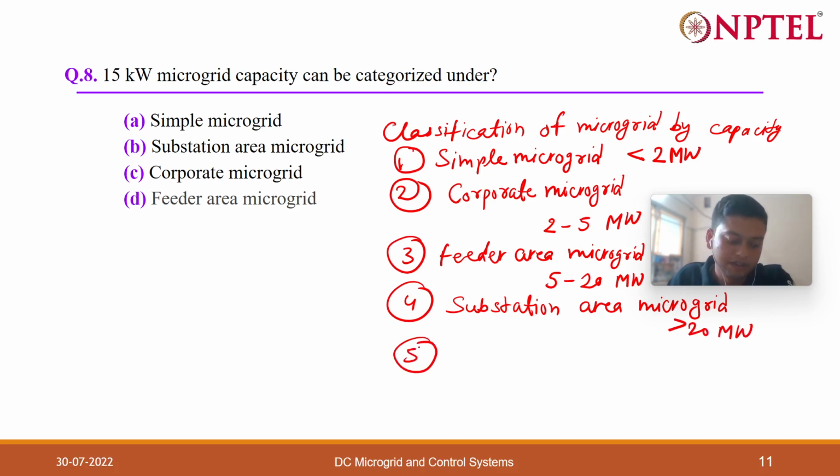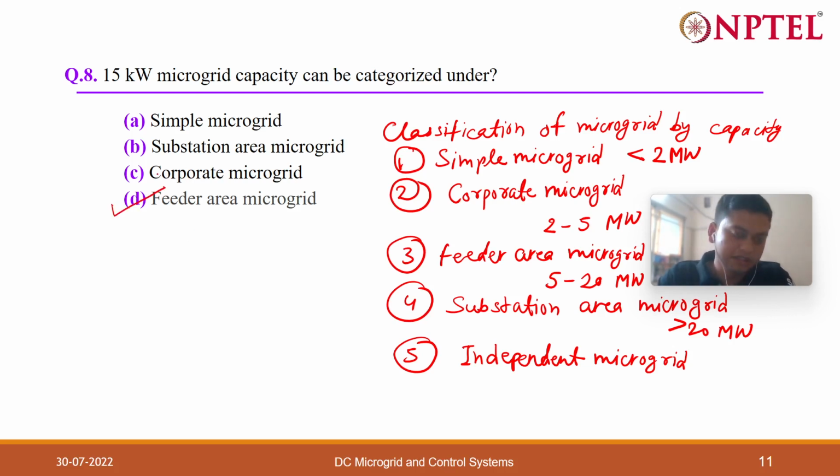And we have independent microgrid that depends on the loads, like an island, a mountainous area or a village. So see here it is asked as 15 kilowatt microgrid, so it comes under feeder area microgrid, so the correct answer will be D.